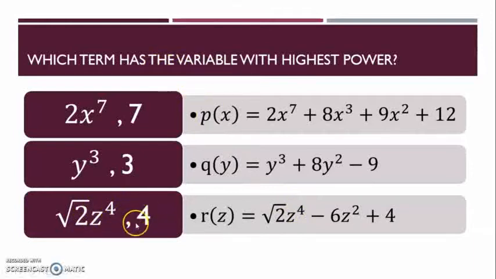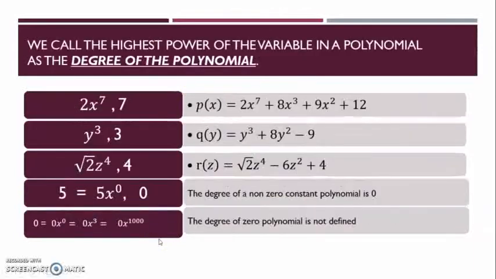So we call the highest power of the variable in a polynomial the degree of the polynomial. So here the highest power of the variable in all the terms is 7, because the first term has x to the power 7.